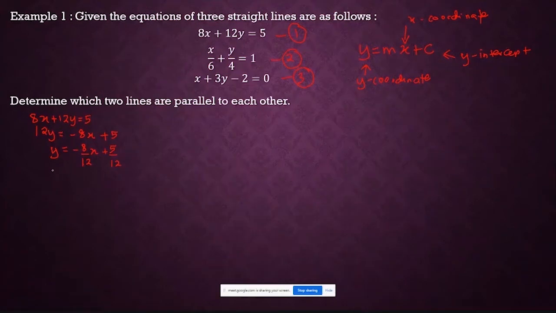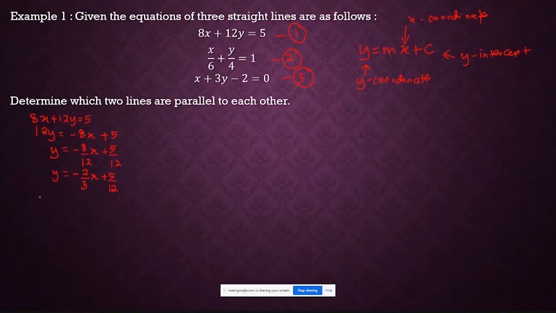8 and 12 have a common factor. You can divide both numbers by 4. When you divide by 4, 8 divided by 4 is 2, and 12 divided by 4 is 3. Then y equal to negative 2 over 3 x plus 5 over 12.